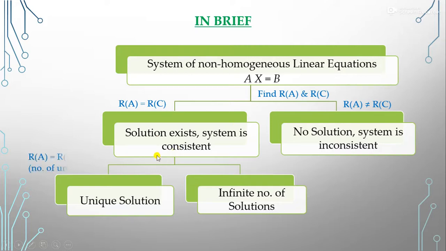If rank A is equal to rank C is equal to the number of unknowns, our solution is the unique solution. And if rank A is equal to rank C is less than the number of unknowns, we have an infinite number of solutions. Clear?